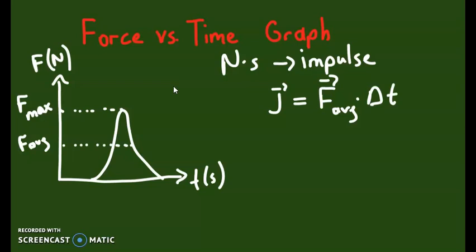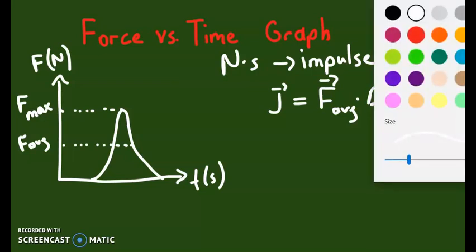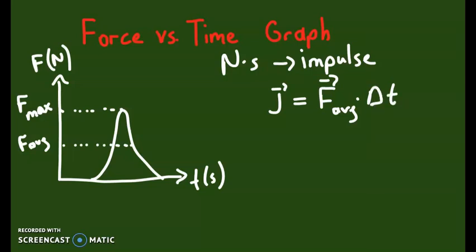Now let's discuss this. Right now there is a relationship between force and time, and it is an inverse relationship. If we change the time here, for example increase it, then the force will decrease. This is the interaction time of the collision.